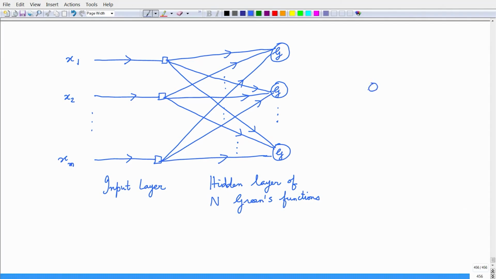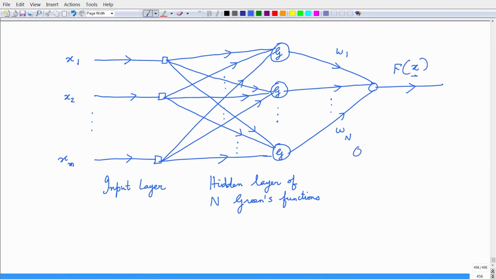And at the output, I linearly combine all my Green's functions through weights W1 through W capital N, and that gives me my approximating function f of x, and this is the output layer.